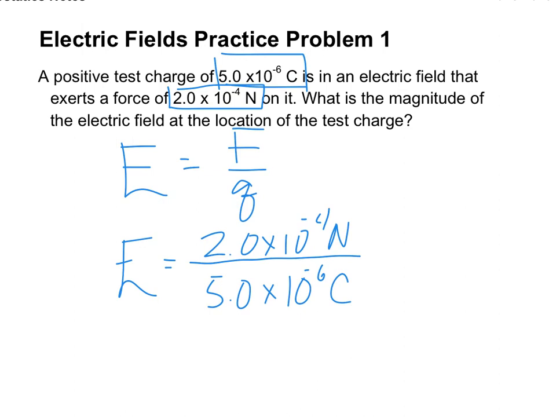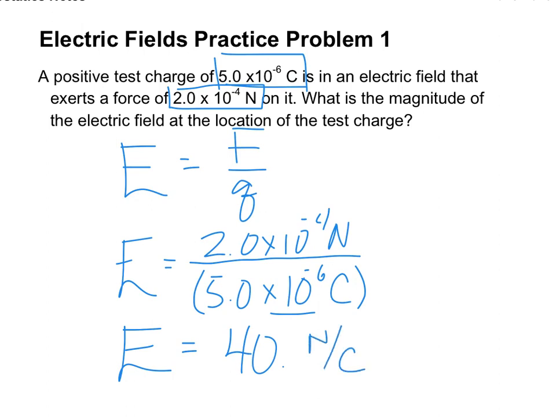When you put this into a calculator, make sure you've got parentheses here so that we divide by that 10 to the negative 6 rather than multiply by it. It's a really common error when you're putting numbers into a calculator. Our electric field strength should end up being about 40 newtons per coulomb.